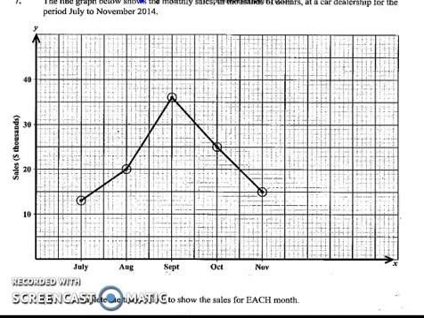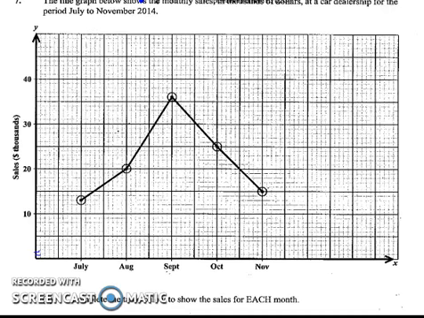So one of the smaller divisions on the y-axis represents $1,000. I think each of them is 2 millimeters, and represents $1,000.